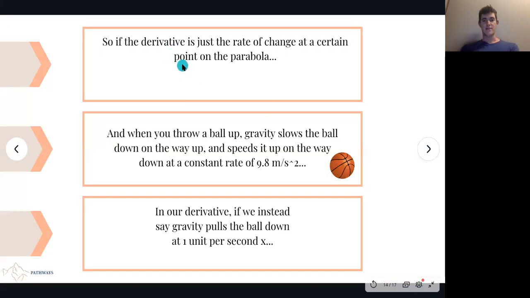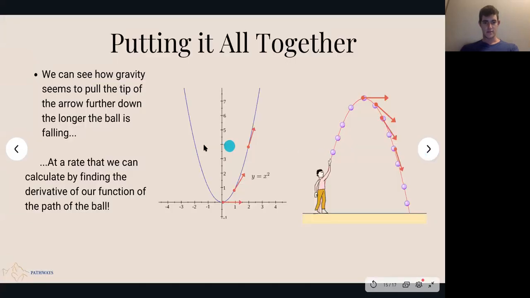All right, so if the derivative is just the rate of change at a certain point on the parabola, and when you throw a ball up, gravity slows the ball down on the way up and speeds it up on the way down at a constant rate of 9.8 meters per second, gravity. And our derivative, if we instead say gravity pulls the ball down at 1 unit per second, we can see how gravity seems to pull the tip of the arrow further and further down the longer the ball is falling, the longer gravity acts on the ball, at a rate that we can calculate by finding the derivative of our function of the path of the ball.